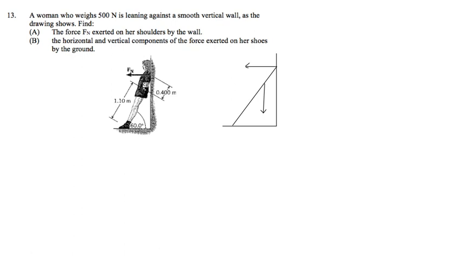Now in labeling the normal force, I know it has it right there, but I don't want that to get in the way. So I'm going to label it down below. I'm going to label that Fn. And the weight, I'm going to label it down there. So the weight is 500 newtons.